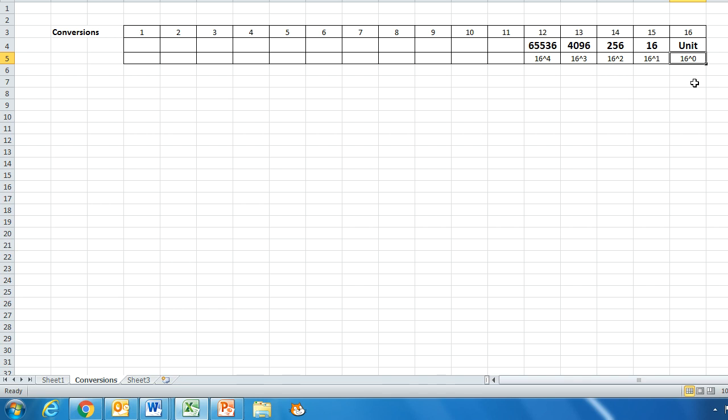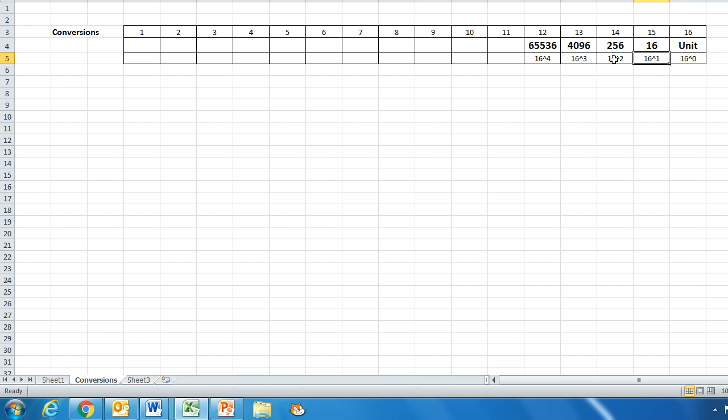In decimal it is 10 to the power of 0. Then our second right digit, in decimal it was 10 to the power of 1, which made it 10. In this case it's 16 to the power of 1, which makes it 16.